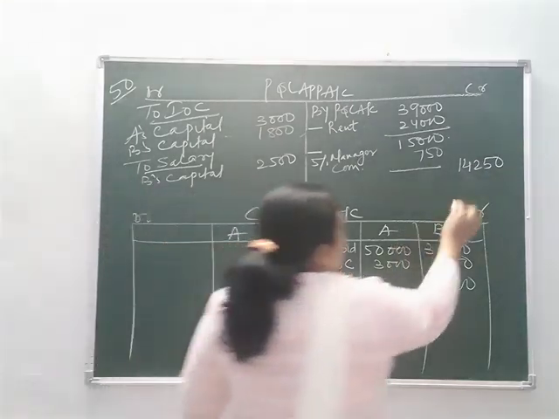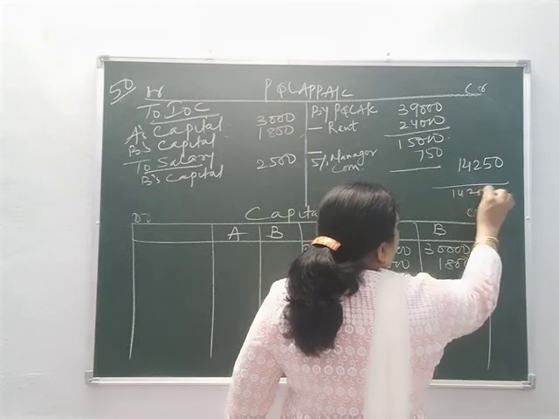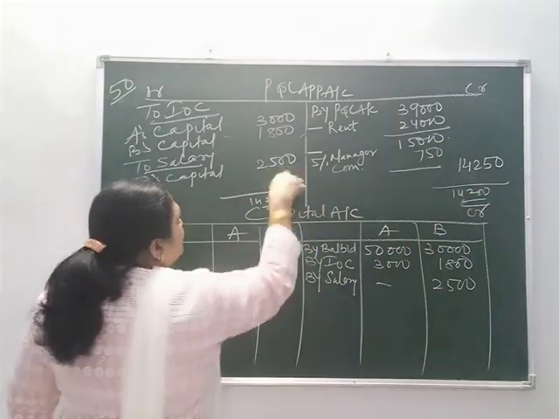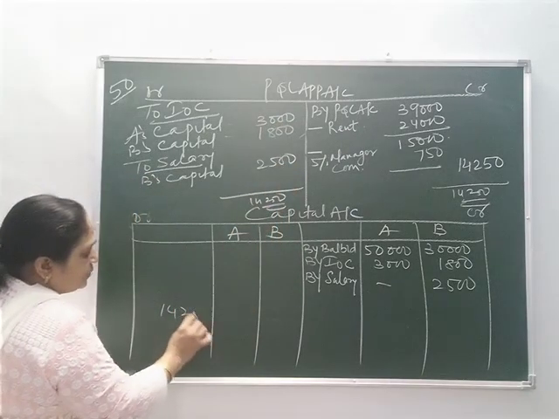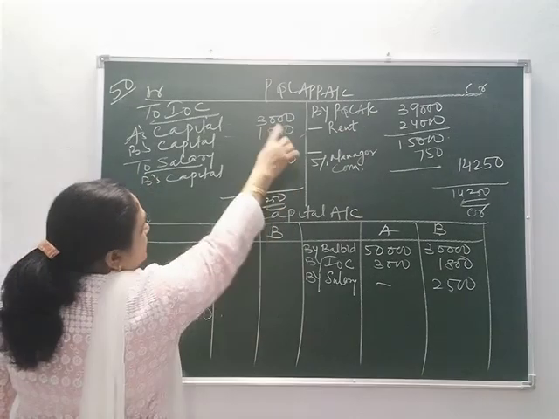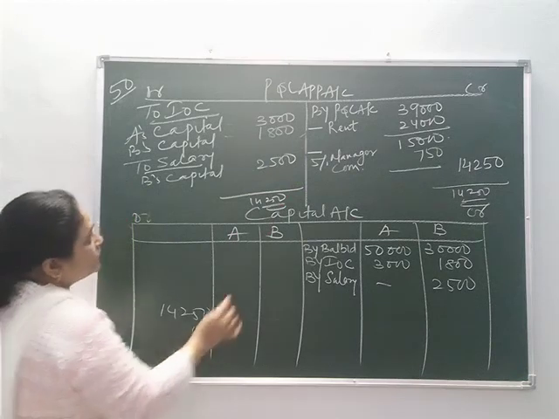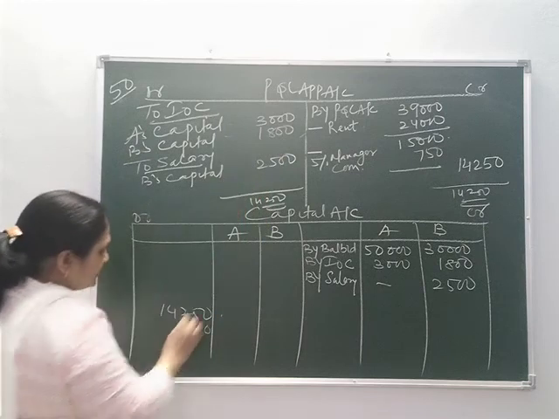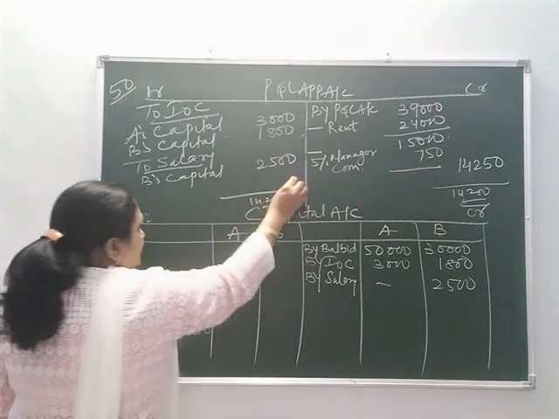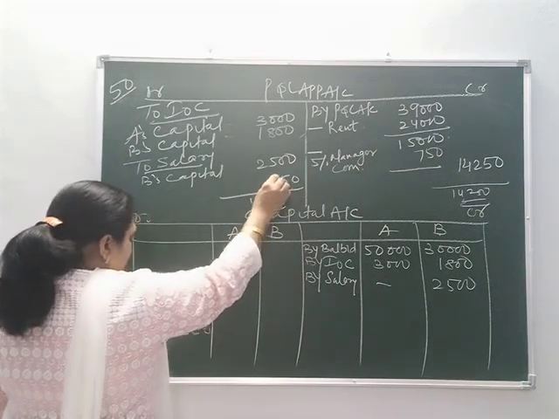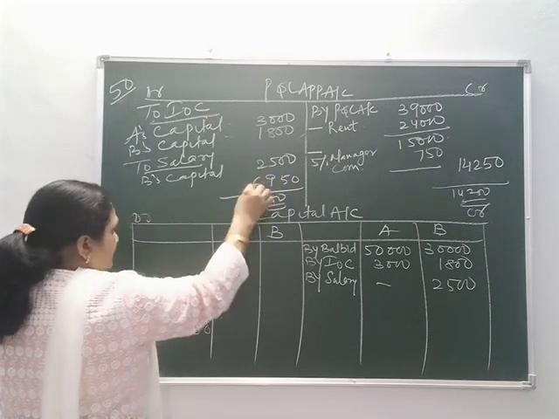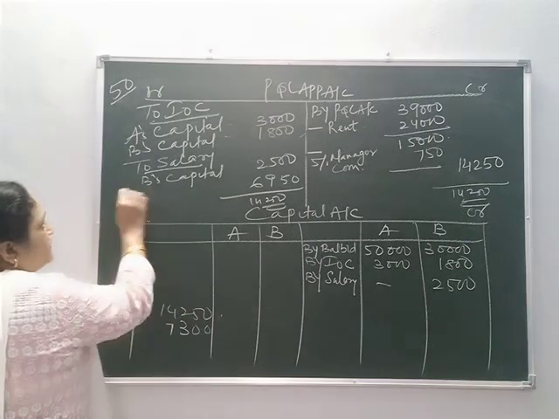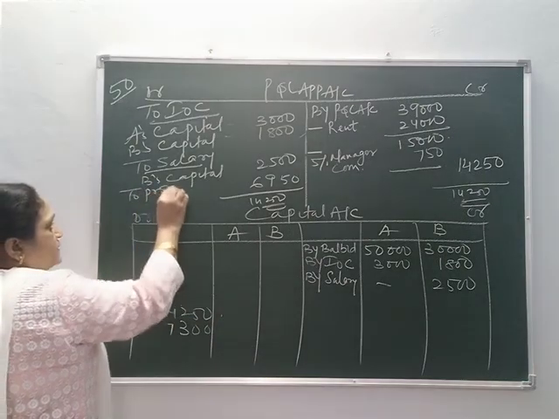Now from 14,250, the total of P&L appropriation will be 14,250. Out of this, from 14,250 you have to subtract these three figures. So the divisible profit comes to, okay, that is 6,950.